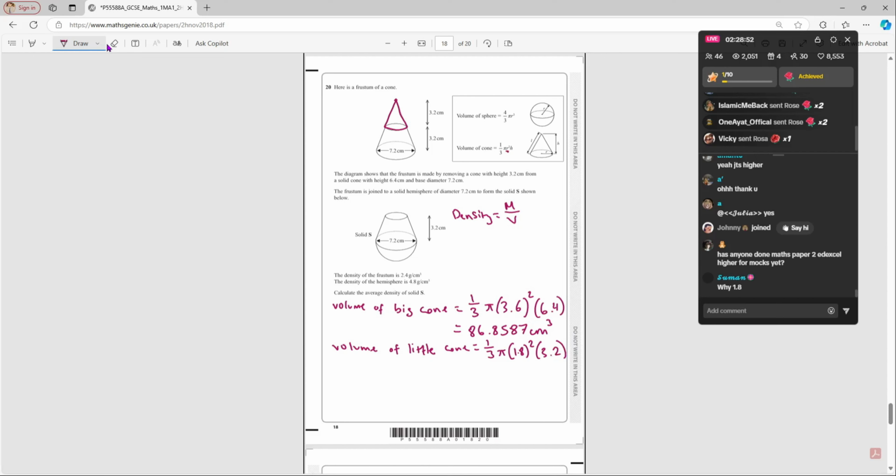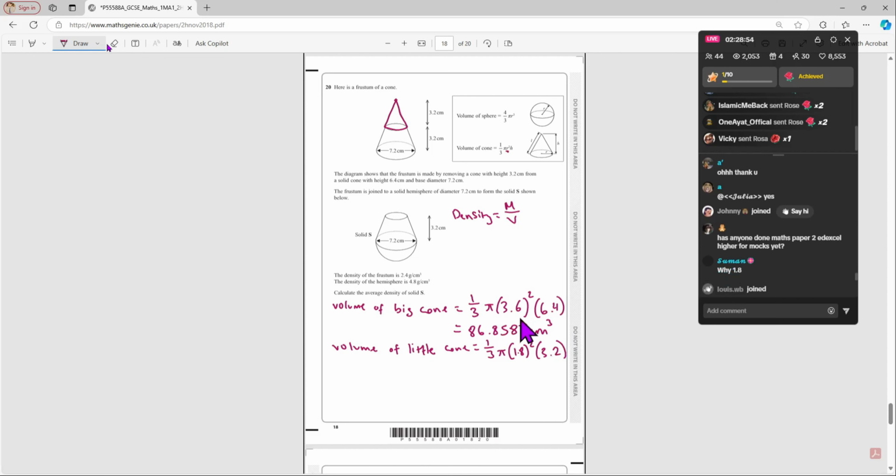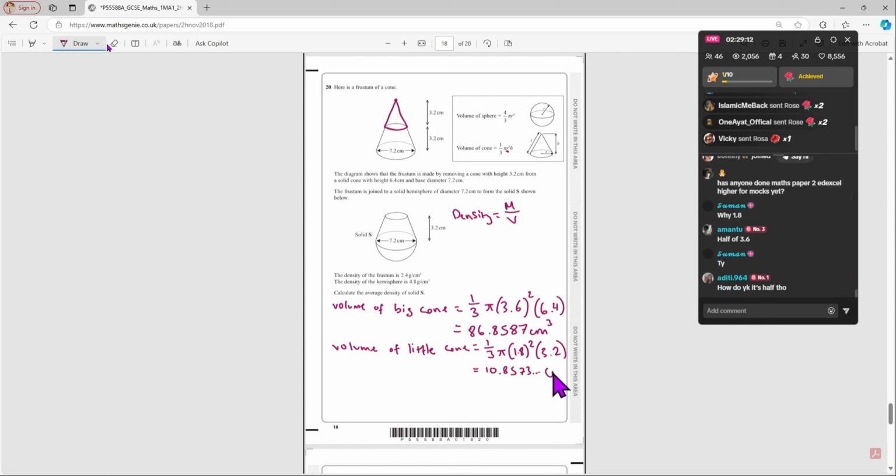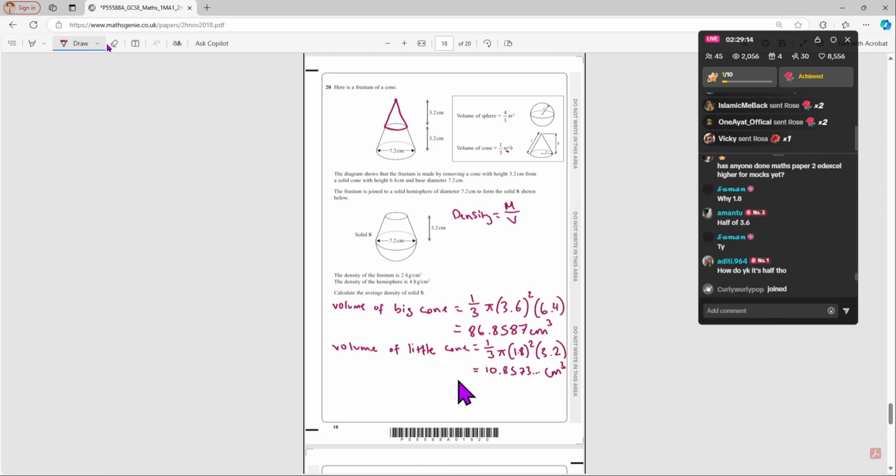Why is it 1.8? Because if we do half of 3.6, it gives you 1.8, because our small cone has a radius which is half of 3.6. Now when you put this into your calculator, you'll get the volume of the small cone, which is equal to 10.8573 centimeter cubed.